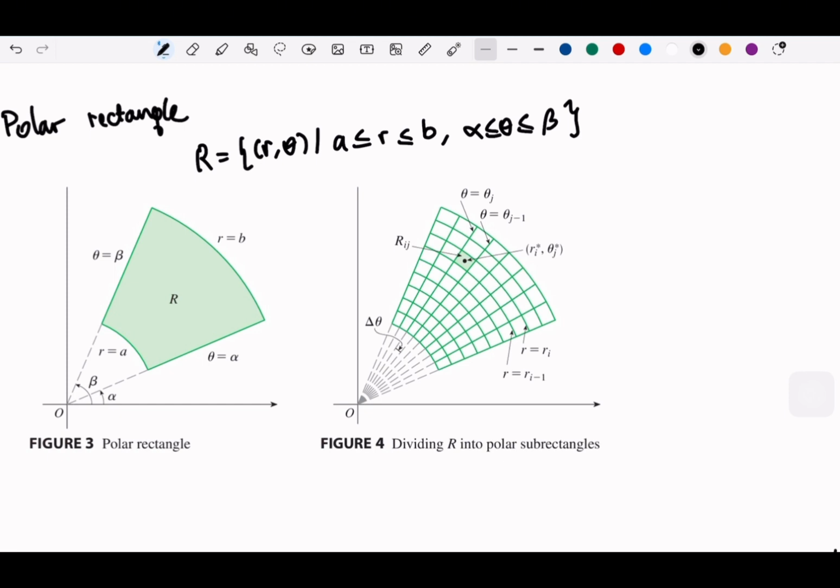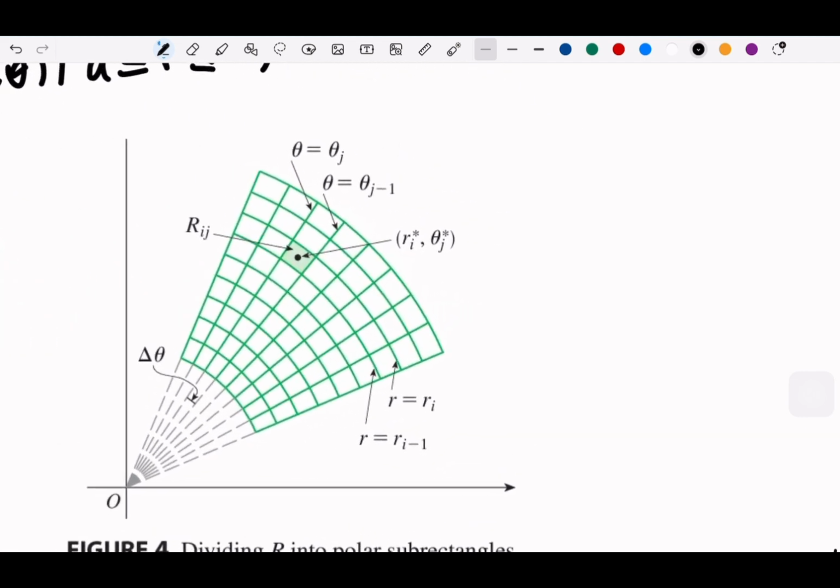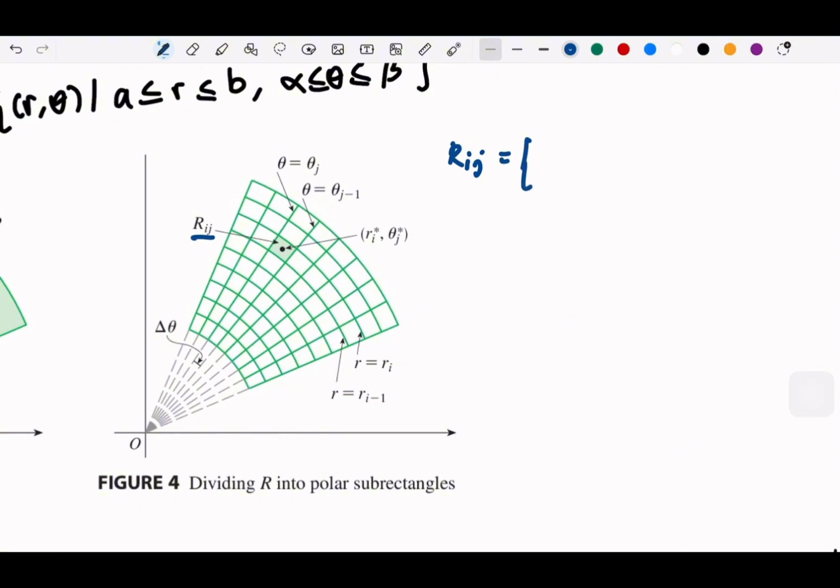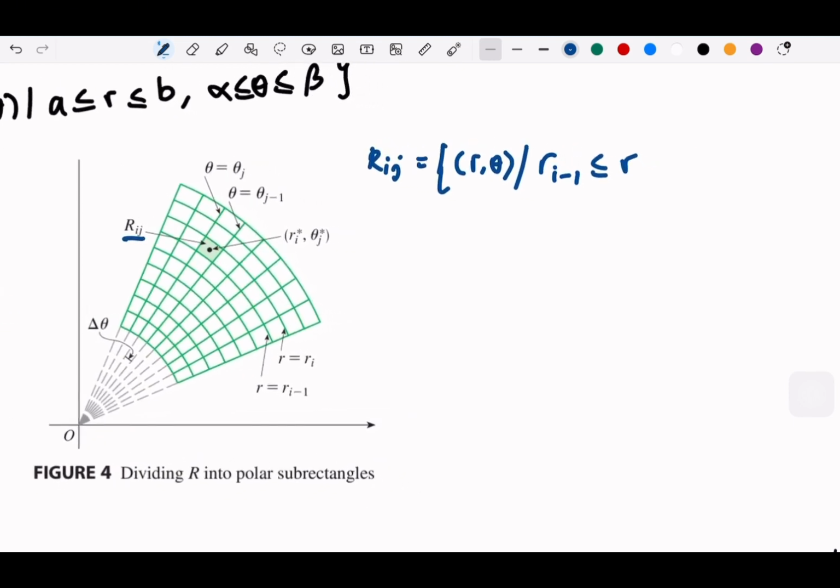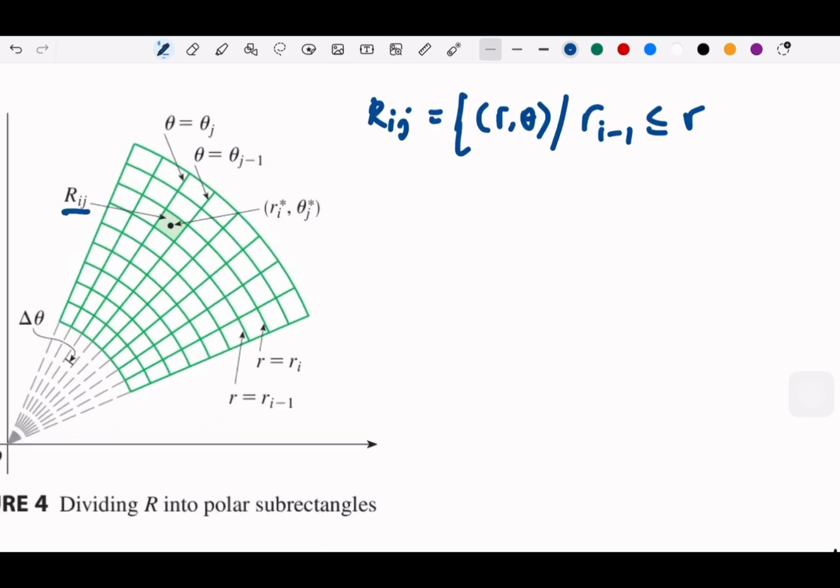So we cut away this double or polar rectangle, and we cut into sub rectangles. So I think we can describe this small rectangle as the Rij, this one here. Let's define the r.